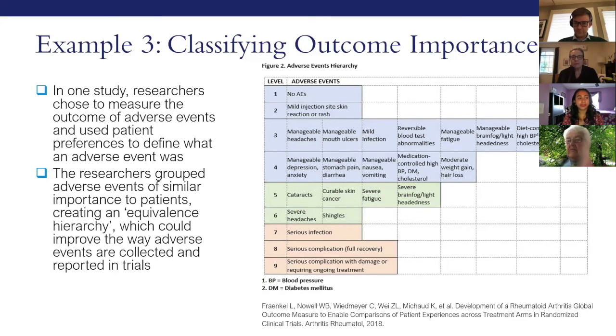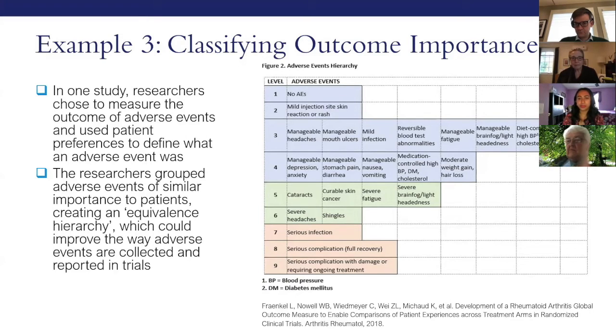And level 9 is the worst, where you have a serious complication that results in long-term problems and requires ongoing treatment. Interestingly, we also conducted this study to allow for equivalence classes. If you look at row 3, you can see that there are several side effects that patients felt had a similar impact on their quality of life.